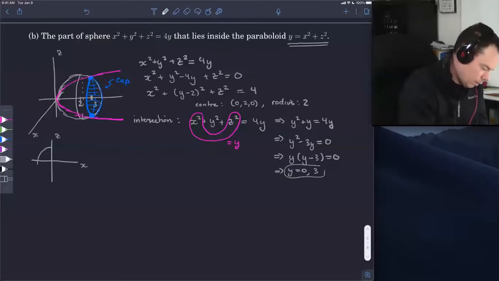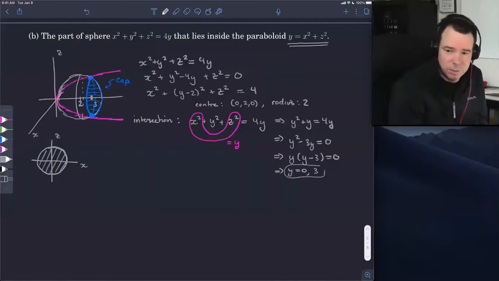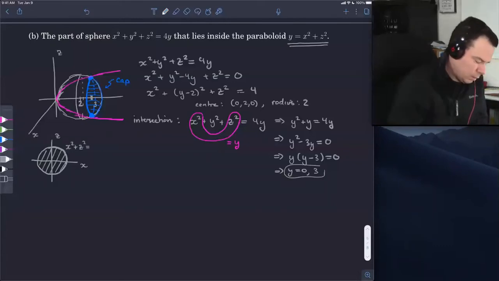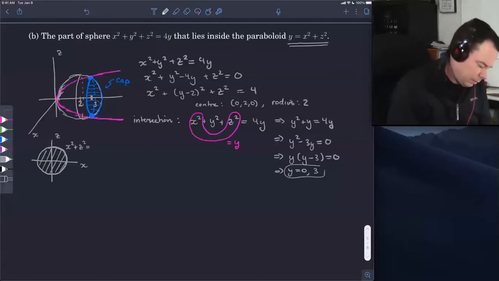And that, again, is going to be a disk. It's the disk that we get by projecting that circular cap boundary down onto the plane. So this is a disk of radius... well, what is the radius of this cap?